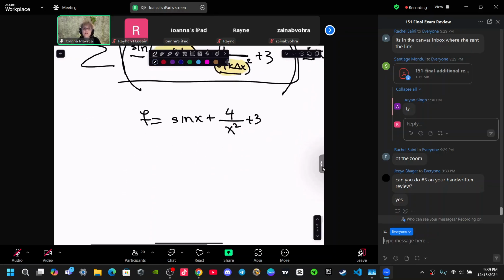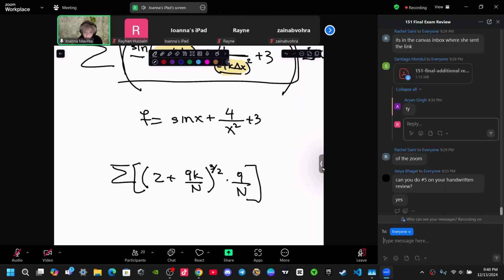So in this particular case, the mistake was that this should look like 2, not 23. I like 23, so I stick it wherever I can. That was the wrong place to put it. So that shouldn't be 23, it's 3. So that's 3/2 times 9 over n. Where is it? This is your delta x.